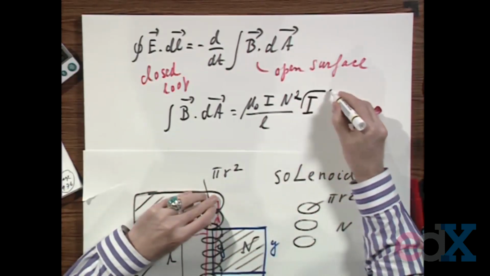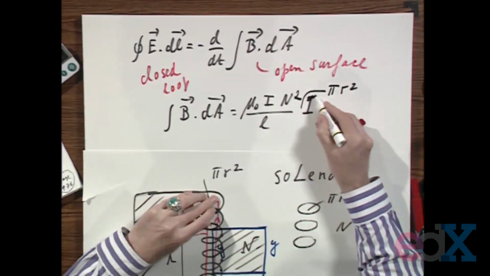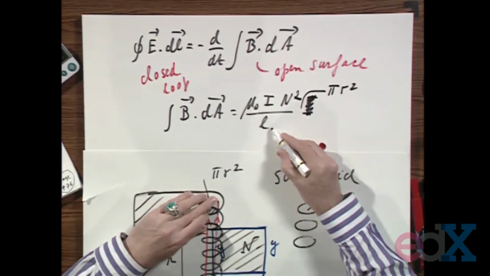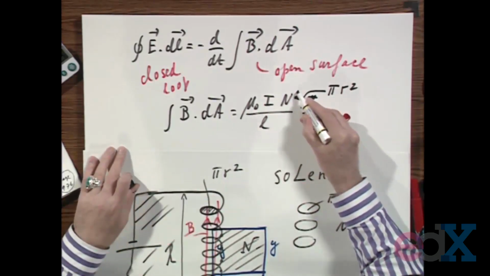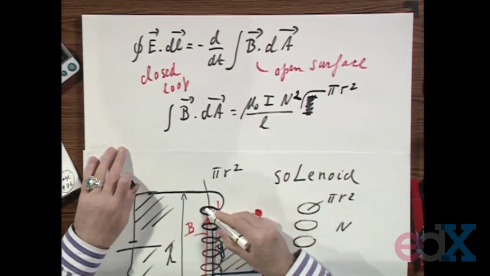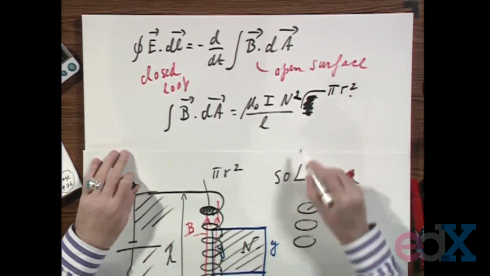And here is my pi r squared. I already had the I, sorry. This is B. I must multiply B by n, that gives me an n squared, and I must multiply it by the area, which is pi r squared. There is no extra I here.